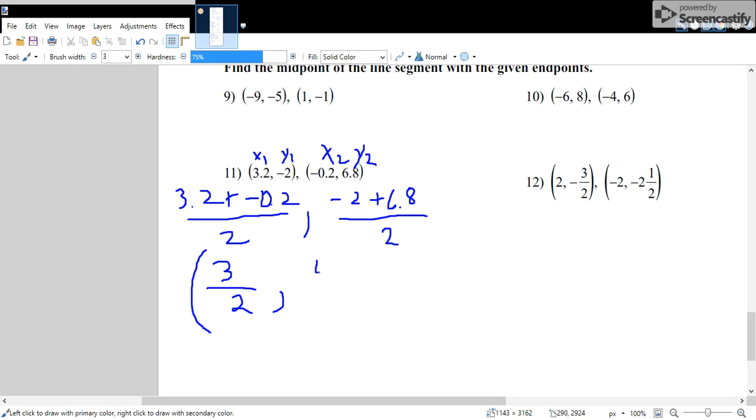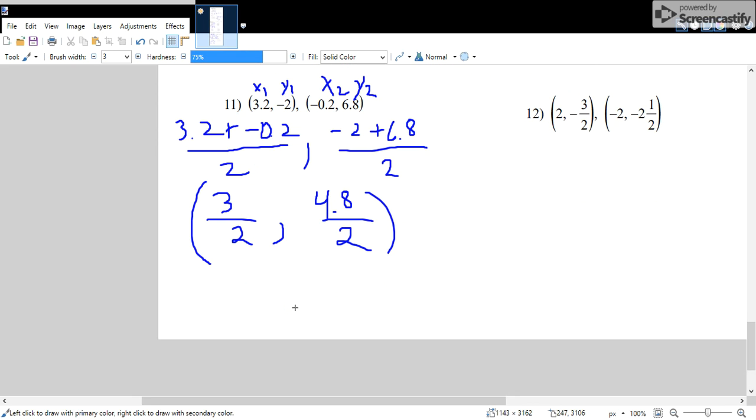And then this one would be 4.8 over 2. We can reduce this fraction. And let's go ahead and put this one as a decimal answer since they're decimals to begin with. We have 1.5, comma, 2.4. And that's our midpoint.